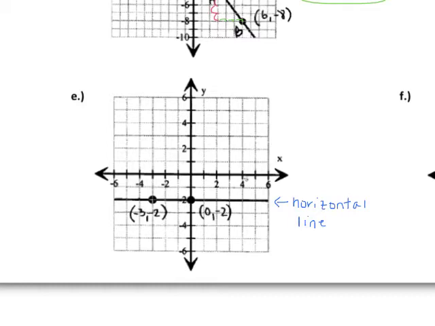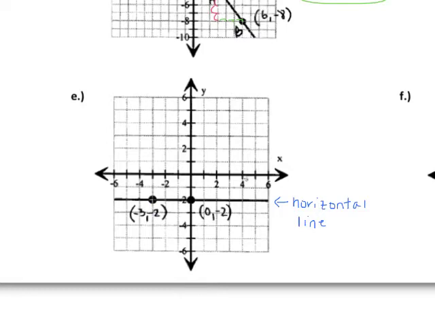It's looking from side to side. We're not moving up or down, okay? We're still going to start from left to right. So I'm going to start at that -3, -2, but I can't go up anywhere, nor can I go down, because the point is on the same area, meaning I'm not going at any kind of an angle.